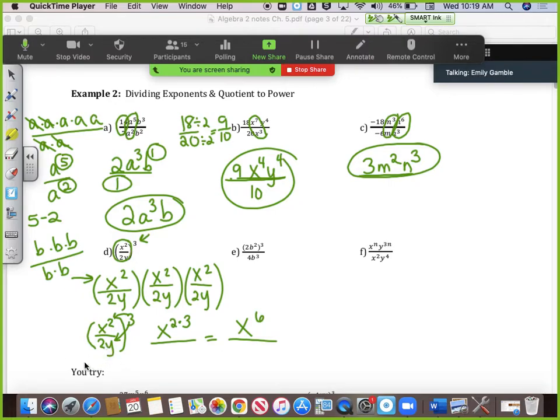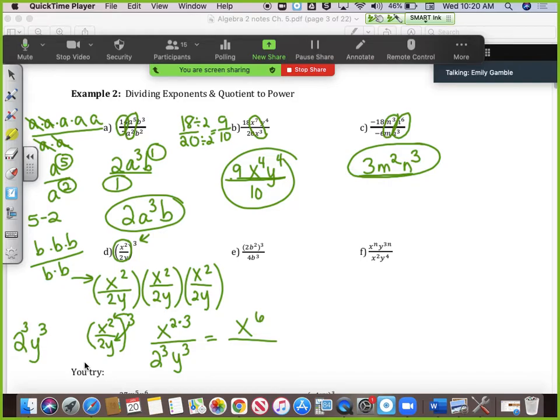And then on the denominator, it's very important that you don't forget everything gets the power of 3. So the denominator says 2y, and you have to distribute the 3 to both the 2 and the y. A lot of times we forget to distribute the 3 to the 2 as well, and students will just put 2 times y to the third, but it's actually going to be 2 to the third power times y to the third power.